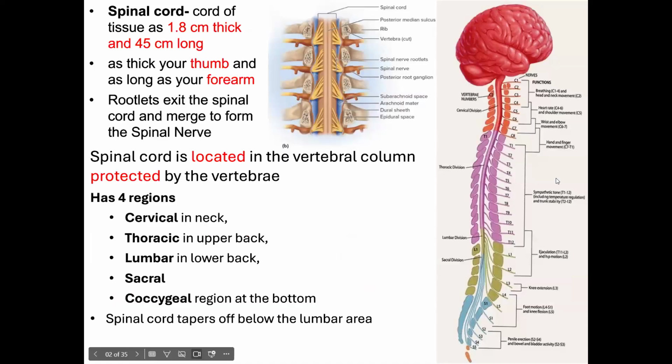So what is the spinal cord? The spinal cord is like a round cord of tissue, about 1.8 centimeters thick and 45 centimeters long, which means it is the thickness of your thumb and the length of your forearm. So that's what the spinal cord is. And coming out of the spinal cord, there are spinal nerves.